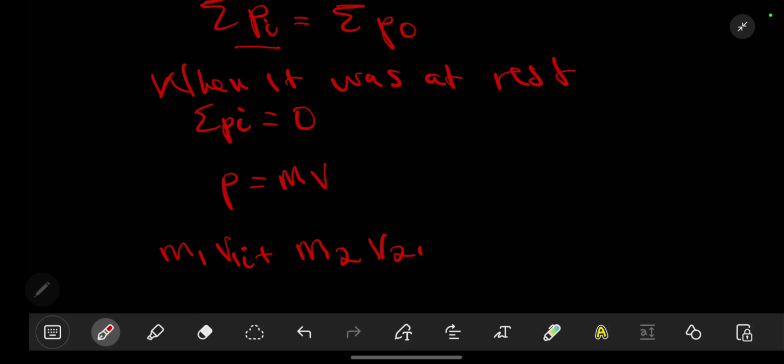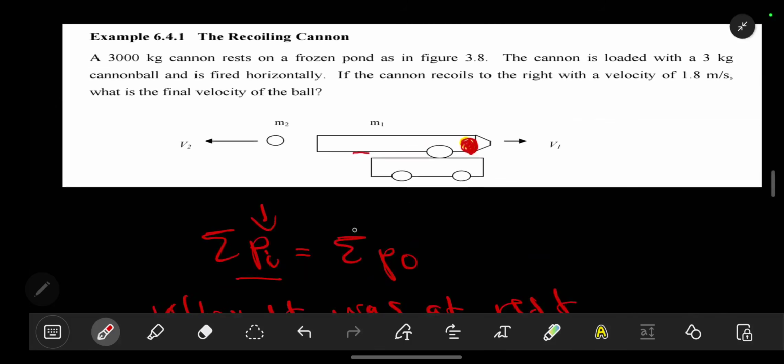This should be equal to the summation of the final momentum. The masses are the same, so m1 times the final velocity number 1 plus the mass number 2 for the ball times the final velocity of number 2. Now remember, summation is to add.